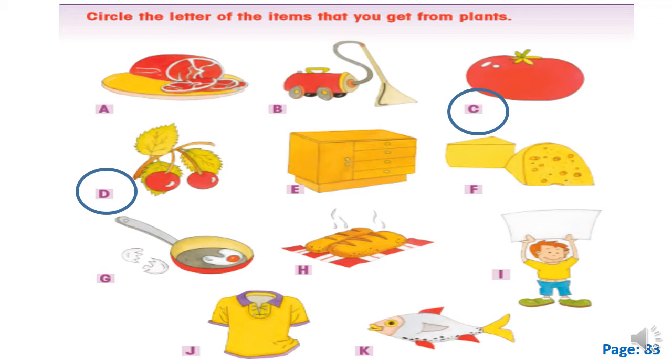As you know, the tree has a thick and hard stem, so I can use it in order to make wood. And the wood I use in order to make many things, like the closet, the door, the kitchen, for example, our bed. So, is this one from the plant? Sure, yes. So I have to circle letter E.